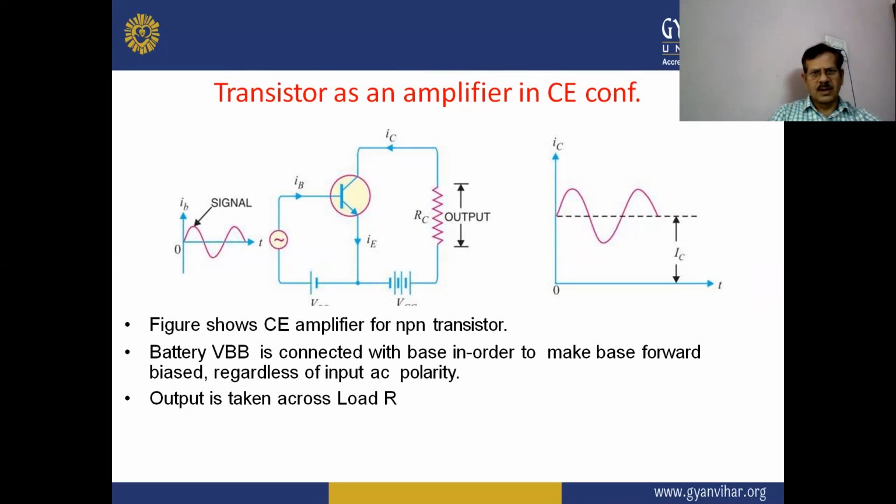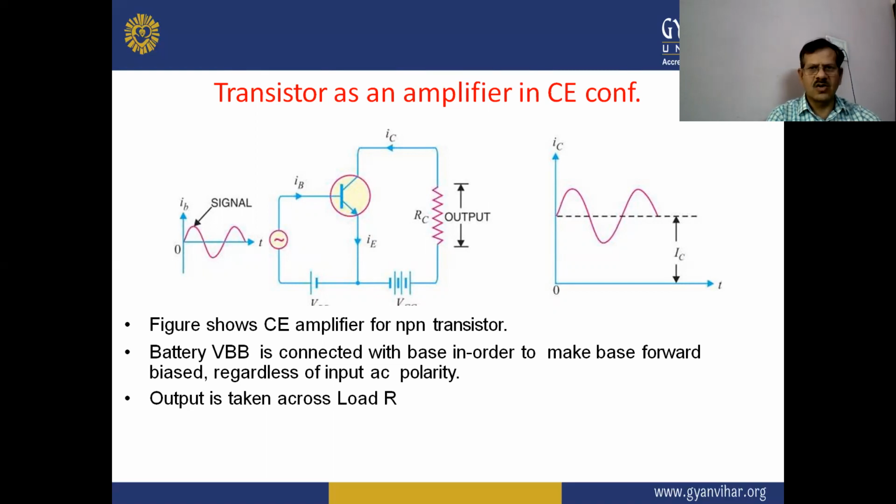So here is the input signal at the input terminal of this common emitter configuration, and the output signal is measured across the resistance RL.